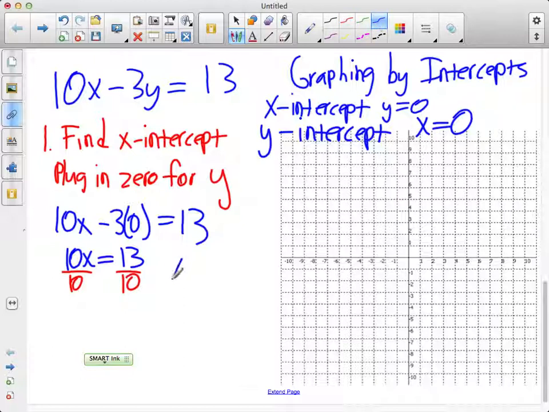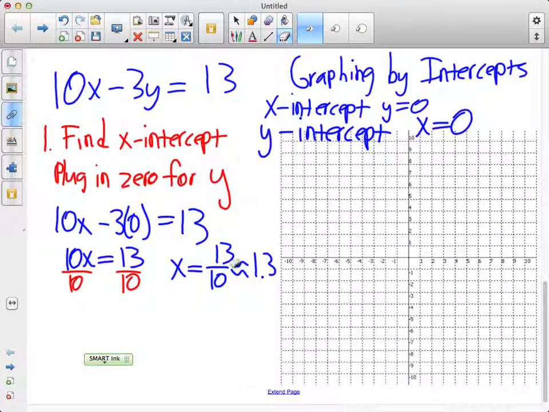That means x equals 13 over 10, which is 1.3. Exactly 1.3. The wavy equal sign means approximately equals, but this one's exact because it's over 10.